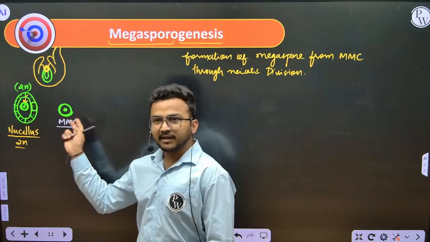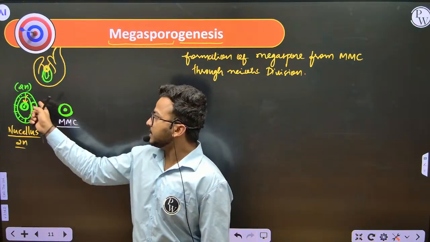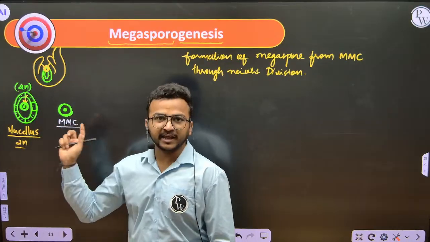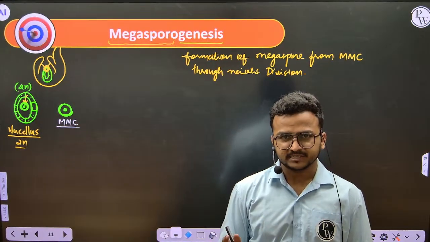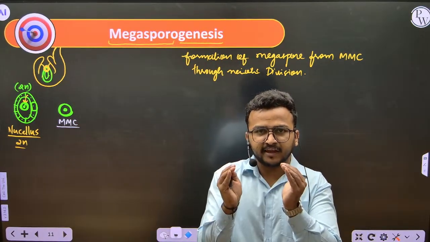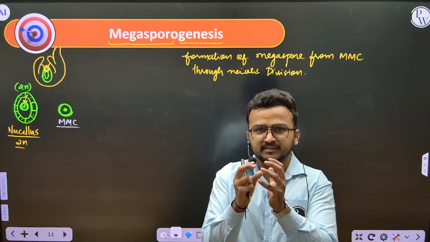So it is the same nucellus cell, one cell of the nucellus tissue working as the megaspore mother cell. There is not much change, only the cell and its nucleus increase in size.